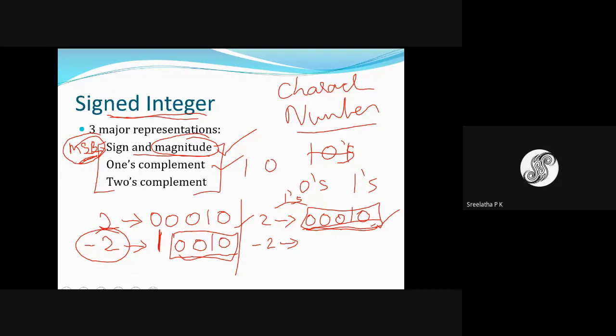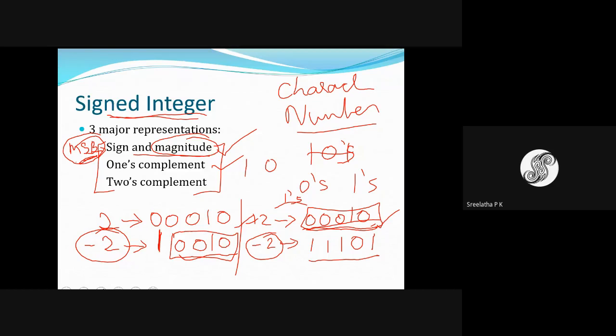So the reverse of these bits is the one's complement, that is 11101 is the one's complement of plus 2. That means minus 2 is represented by 11101. So this is the one's complement system of representing signed integers.